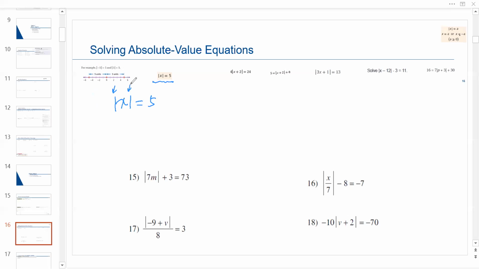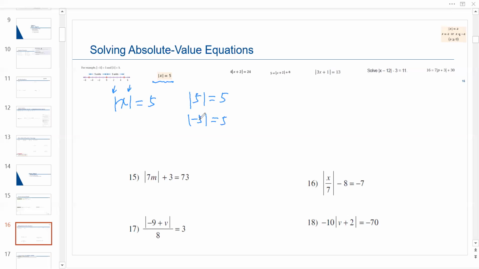Before we begin to get rid of the absolute value here, let's think about what we learned earlier. When a number is something like 5, its absolute value equals 5, right? When we have negative 5, the absolute value becomes the number opposite to it, which is 5. So absolute 5 equals 5.